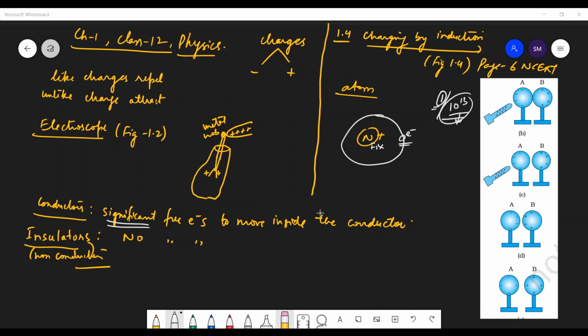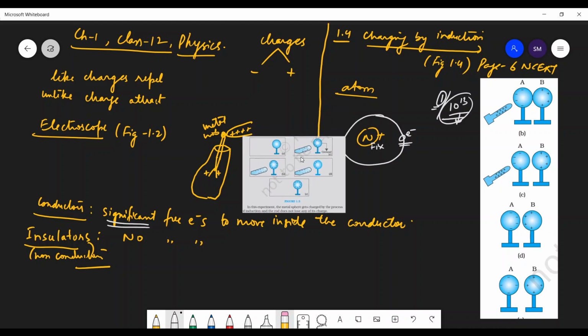In example 1.1, you can clearly see that I have a metal sphere and there is no charge on this metal sphere, it is neutral. Then I have brought a negatively charged rod. So what has this done? Negatively charged means the electrons.